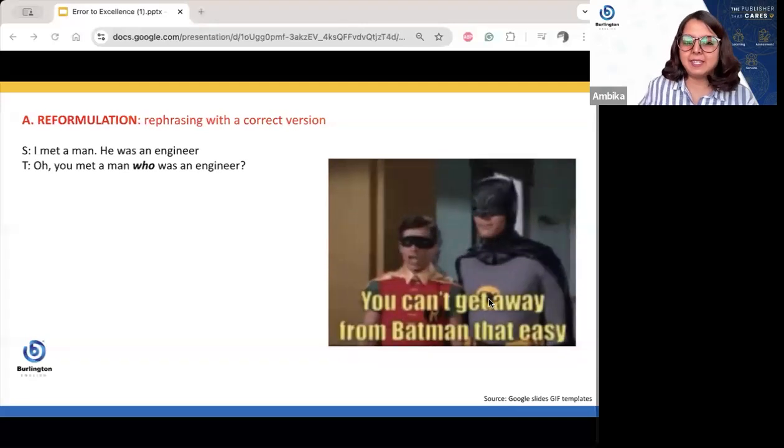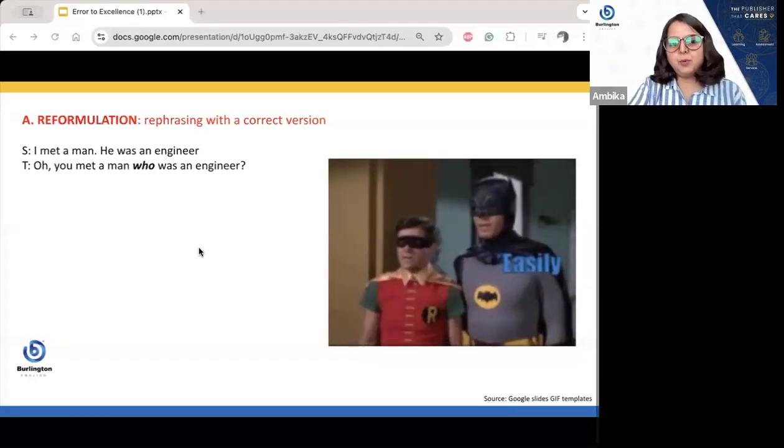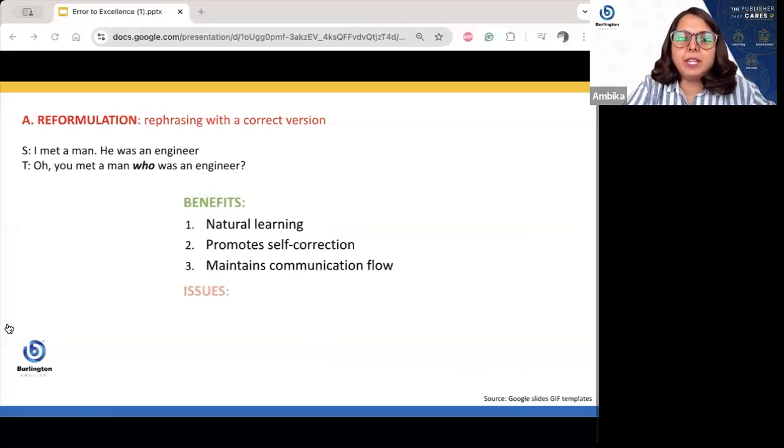Absolutely. Fantastic, guys. So, like most of you have said, it definitely is promoting natural learning, self correction. And if you notice, there's never a hindrance in the communication flow. The student talks, the teacher stresses, the student understands, and then the whole communication is packed wonderfully.